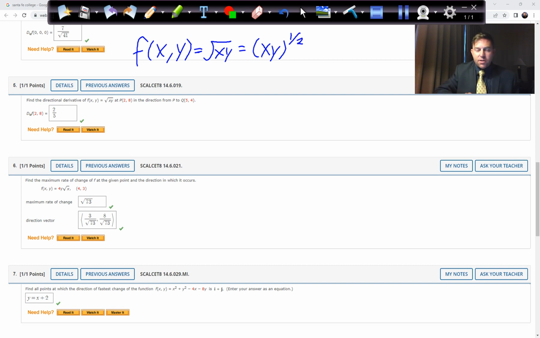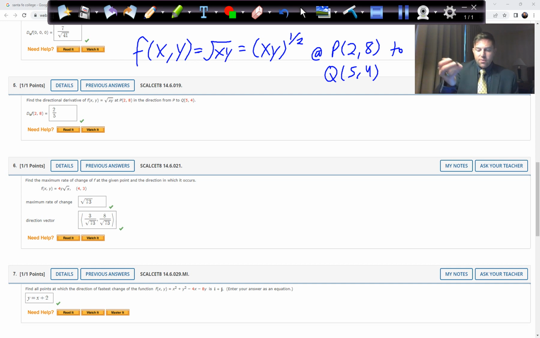You'll see why I do this in a second. And this one's at the point P, which is 2, 8, and then it's going to point Q, which is 5, 4. So we have 2 points in space, and we want to find the directional derivative from P to Q.